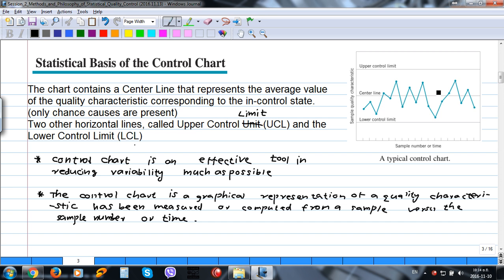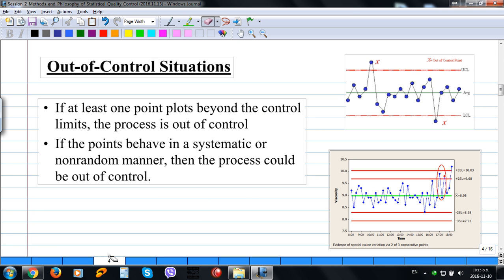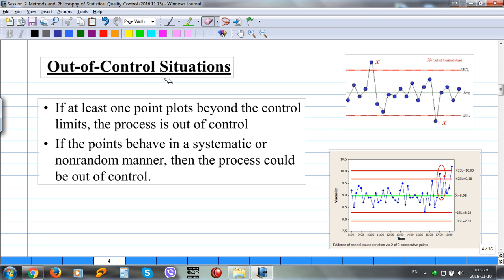It means this is a control chart that is statistically in control. If one or more points go beyond these two limits, it means the process is out of control.